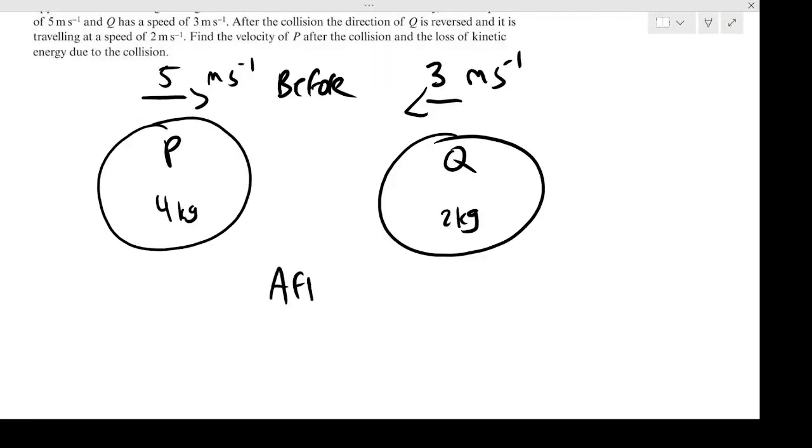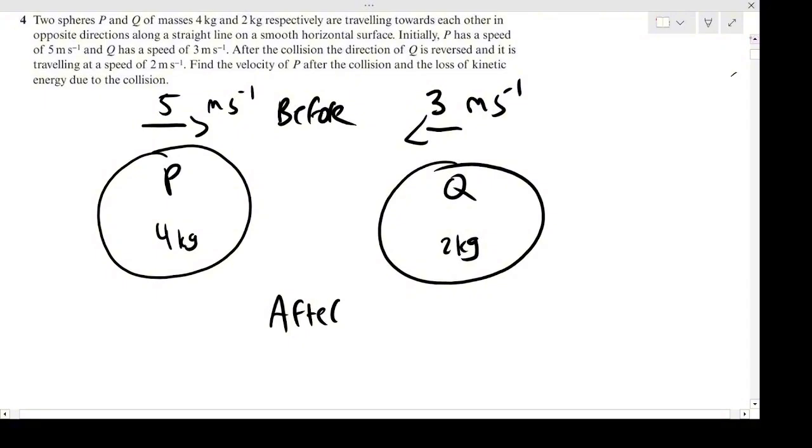Then after the collision, we're told that the direction of Q is reversed, which means if Q was going backwards before, it's now going to go forwards, the opposite way. And I'm told the speed afterwards is 2, okay? We're not told anything about where P goes.